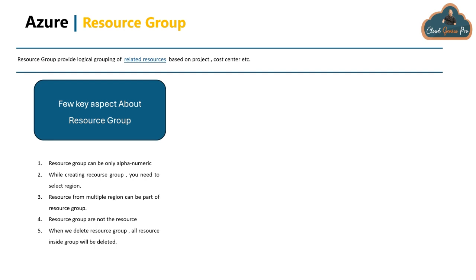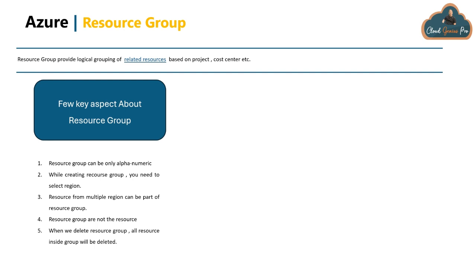I have seen previous cases where an individual, because of human error, deleted a resource group, and all the resources were also deleted from that resource group. There are governance mechanisms which will help you avoid such accidental deletion, which we will discuss in upcoming videos. But for now, you need to understand that resource group deletion is extra sensitive.